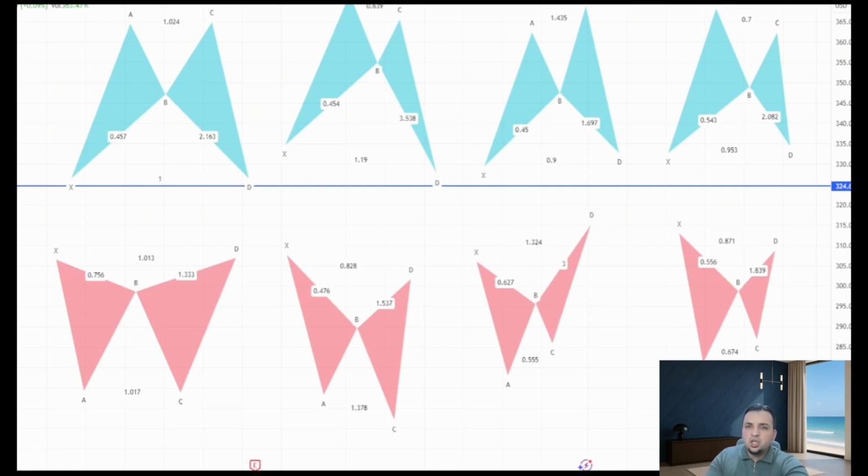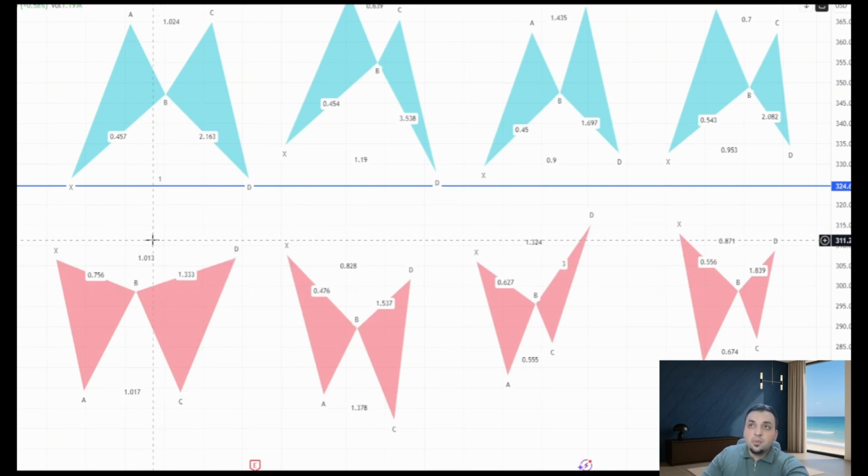For example, the shark pattern, the butterfly pattern, the Gartley pattern. But for us, it doesn't really matter, because all of those names are built for the Fibonacci sequence. The classical harmonic pattern traders use them with Fibonacci. For example, they place Fibonacci on X and A, then B has to touch a certain number of the Fibonacci, and if it doesn't touch it, then the name of the pattern changes.